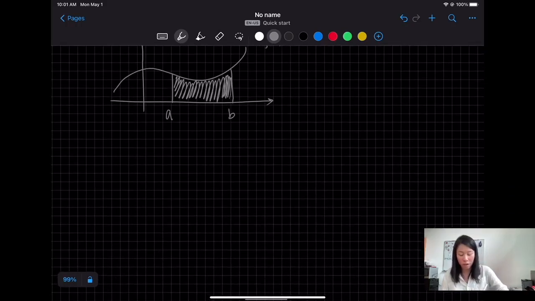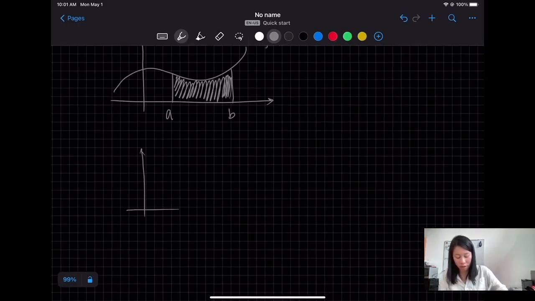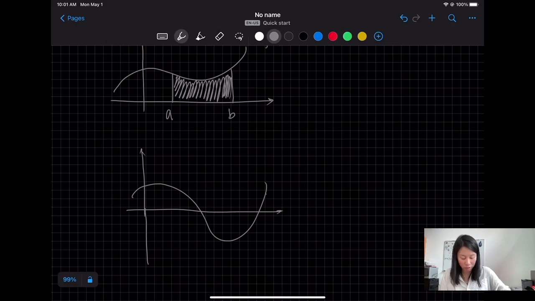But what if the graph is like this one? Sometimes it goes up and down. So let's say this is B, this is A. The signed area is going to be the sum of these areas: the first one, second one, and the third one.